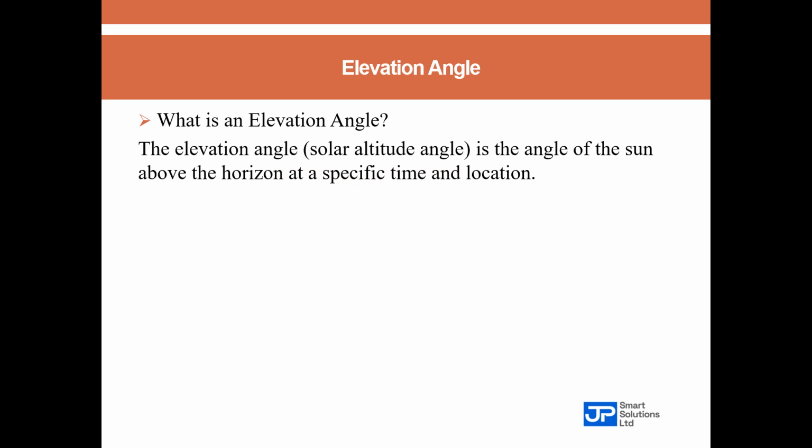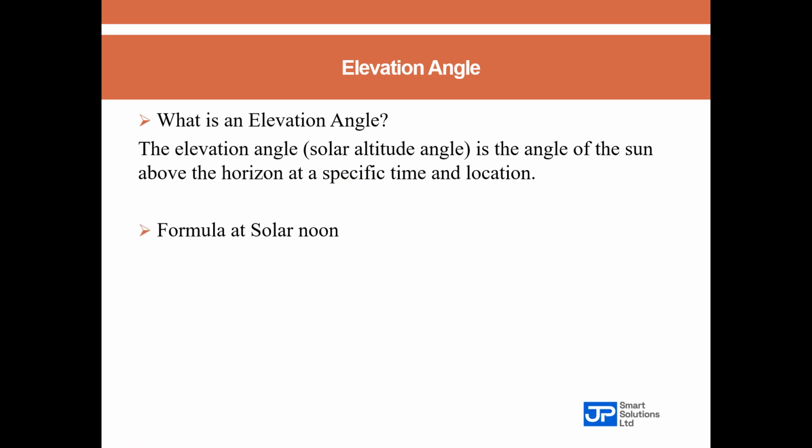So practically, the elevation angle tells us how high the sun appears in the sky. And this affects shadows and solar panel exposure. So it is basically the angle between the sun rays and the horizontal plane of the earth, which is the latitude.